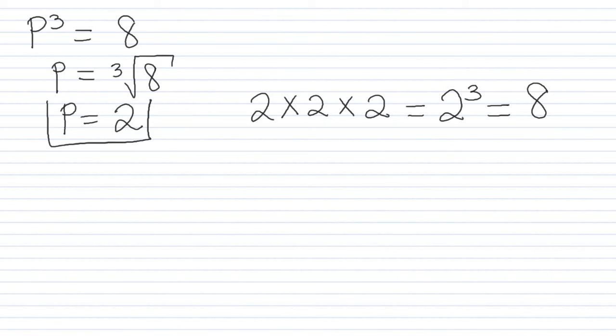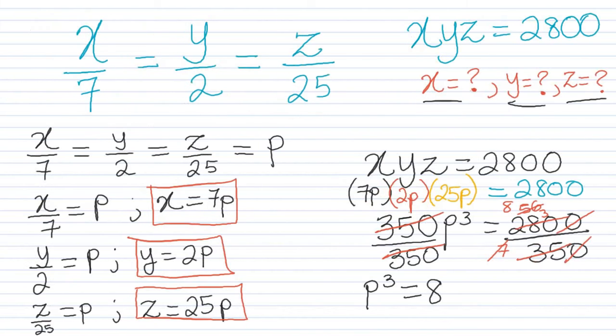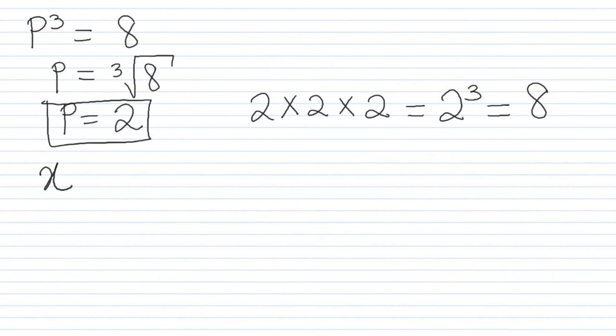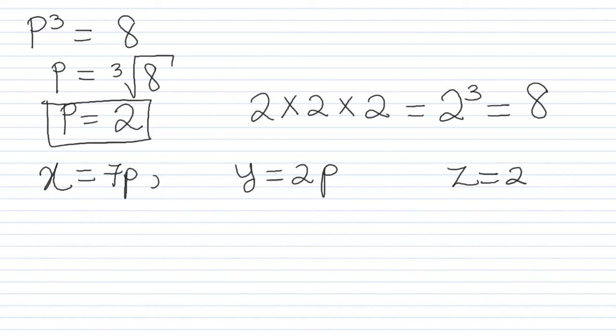So you have the value of p to be 2. Now we're going to find the value of x, y, and z. Remember what we had? x equals 7p, y equals 2p, and z equals 25p.